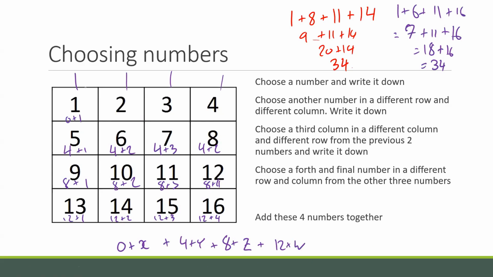Now, it just so happens that the x, y, z, and w have to be 1, 2, 3, 4. So that means you're always going to have 0 plus 1 plus 4 plus 2 plus 8 plus 3 plus 12 plus 4. If you add all those together, you always get 34. Even if you swap the order of these x's and y's and z's, you always get 34.